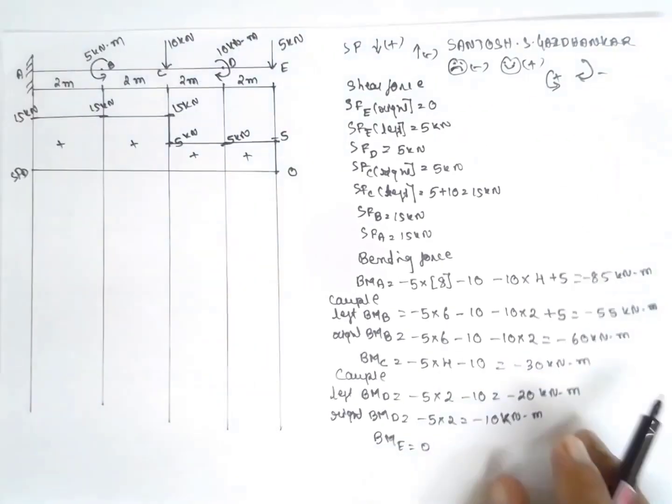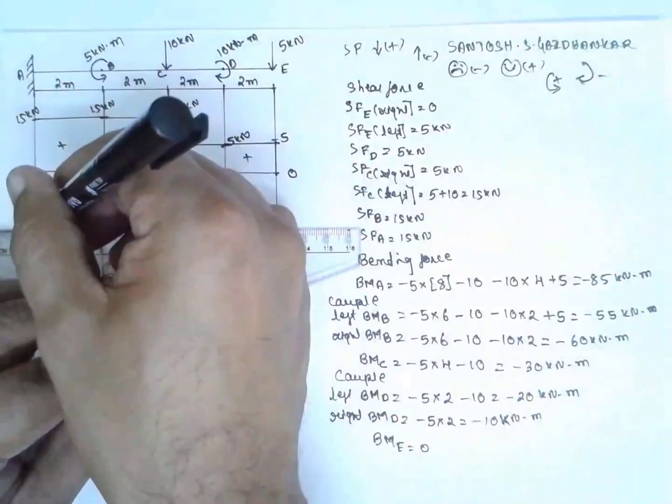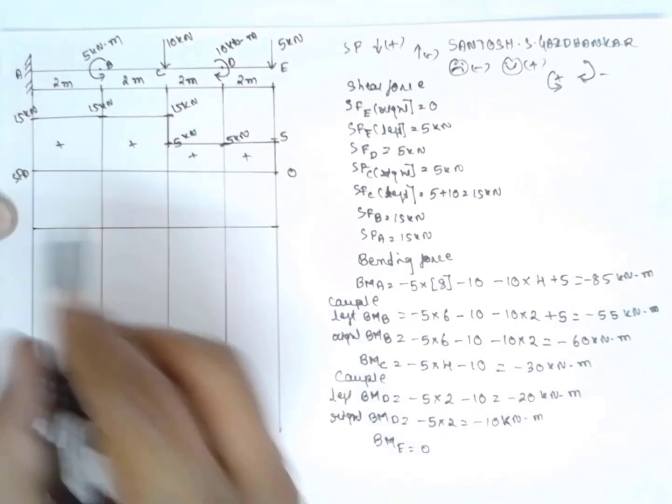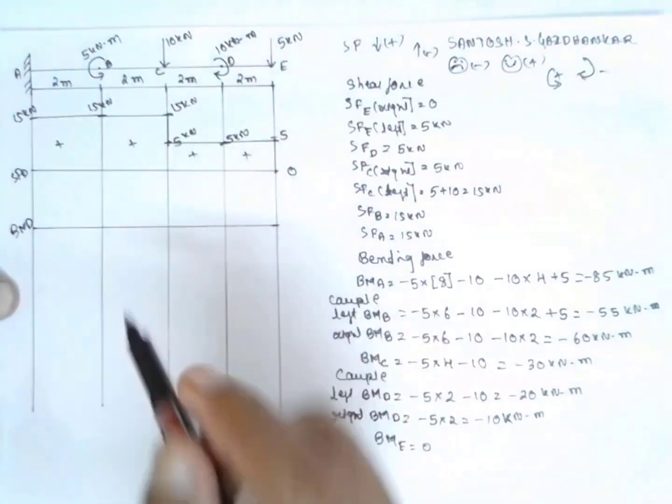Now I am drawing the bending moment diagram, BMD. Upward is positive, bottom is negative.